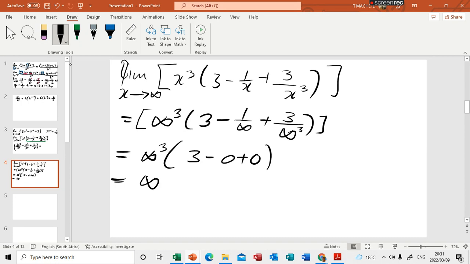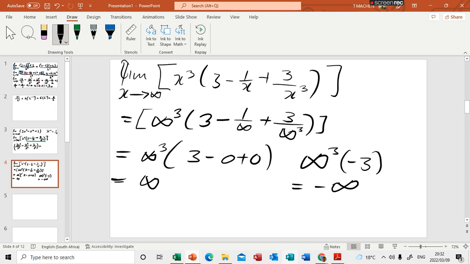You cannot have 3 infinity. If you had, let's say, infinity cubed times minus 3, your answer was going to be minus infinity. Just know that anything multiplied by infinity, whether it's cubed or squared or whatever, is infinity.